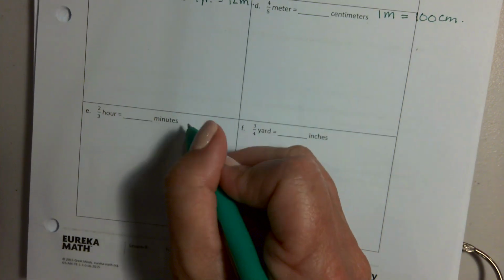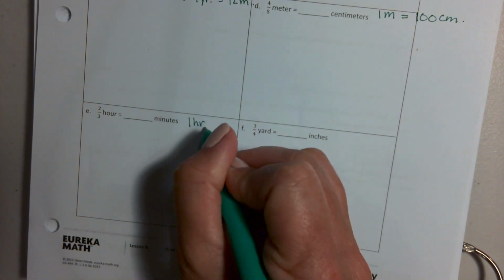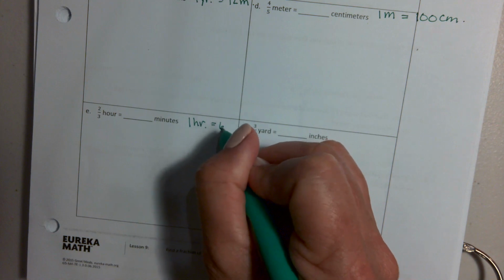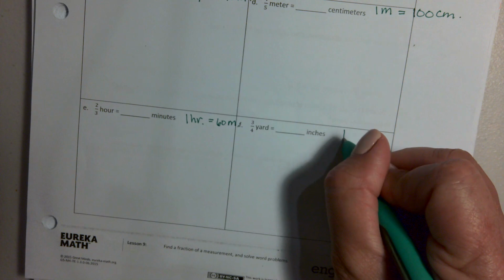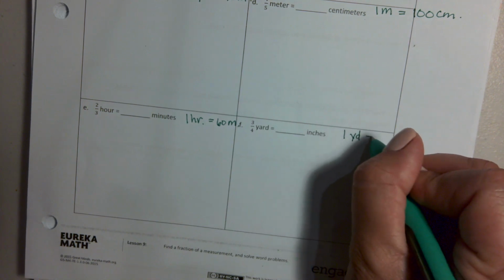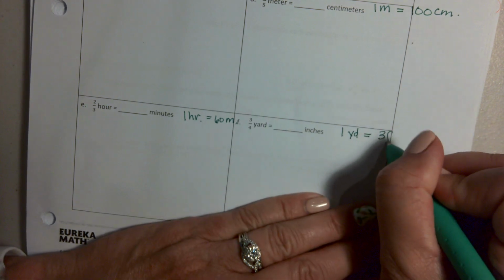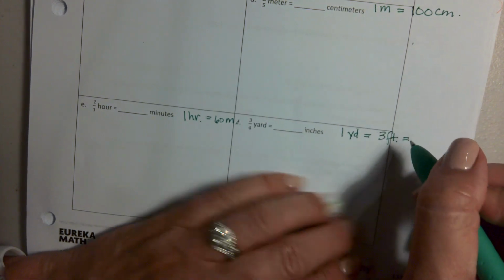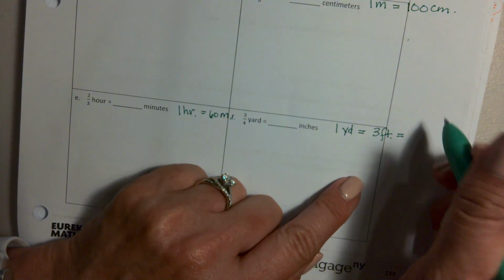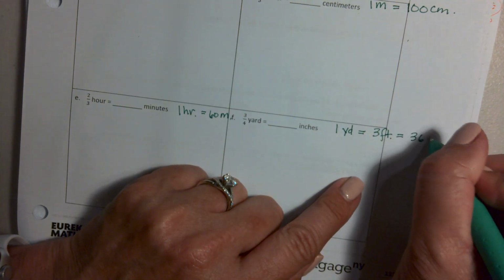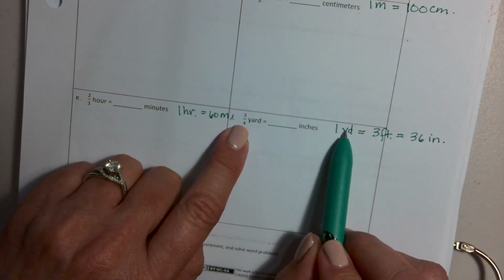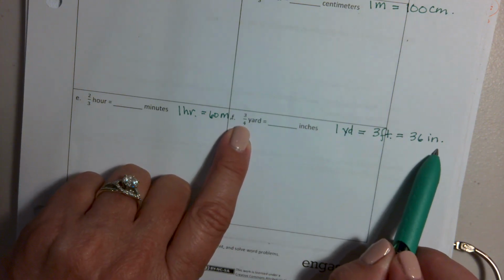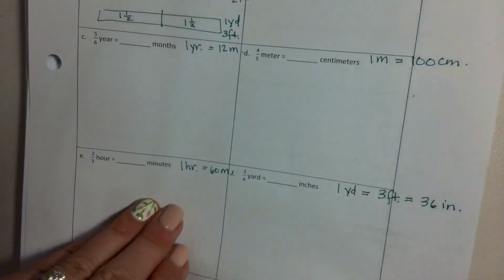And then 1 hour is equal to what? 60 minutes. And then 1 yard is equal to 3 feet. Okay, so it's equal to 3 feet, which is equal to how many inches? There's 36 inches. So you're going from yards past feet all the way to inches. Keep that in mind.